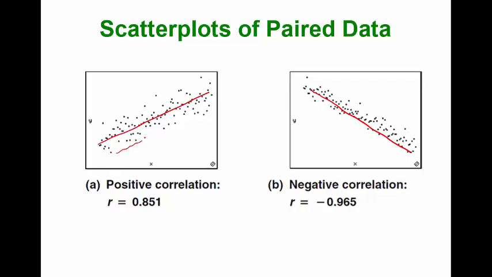Now, how tightly these points are associated with that line tells us the actual value of the correlation coefficient. If the value of the correlation coefficient is closer to 1 or -1, then we have a stronger correlation. If it's a little bit farther away from -1 or +1, then we have a not so strong correlation, although 0.85 is fairly strong, relatively speaking.